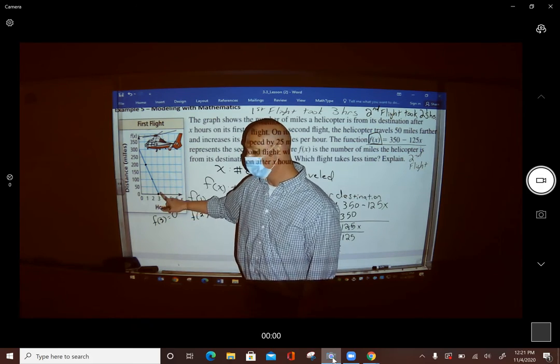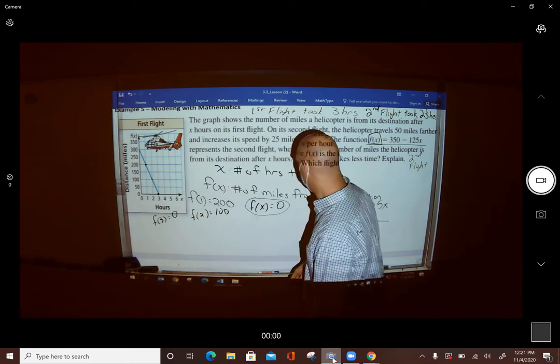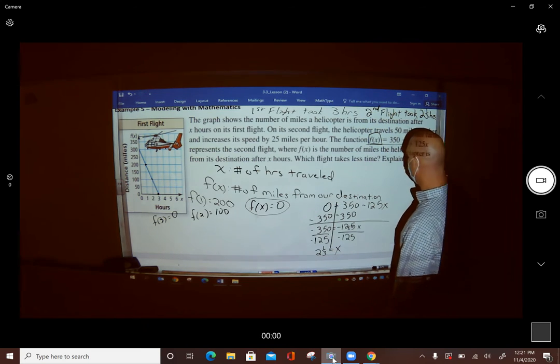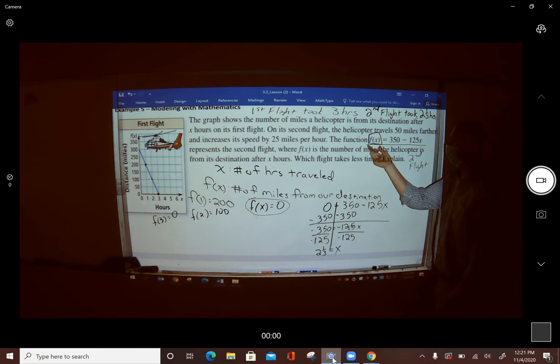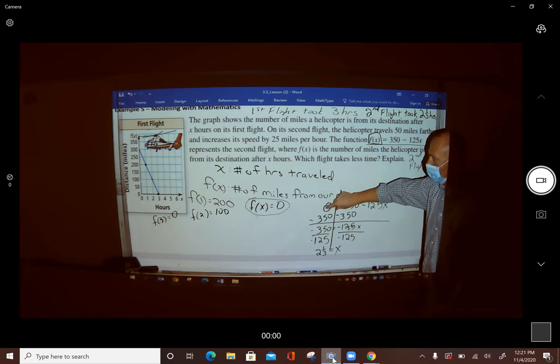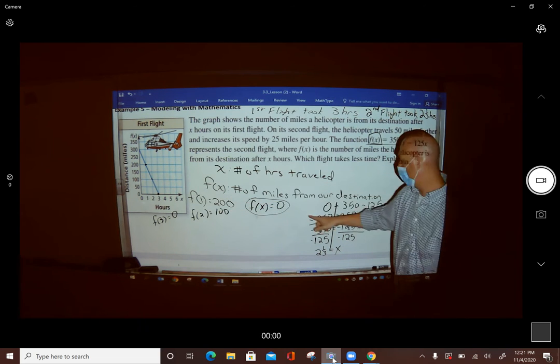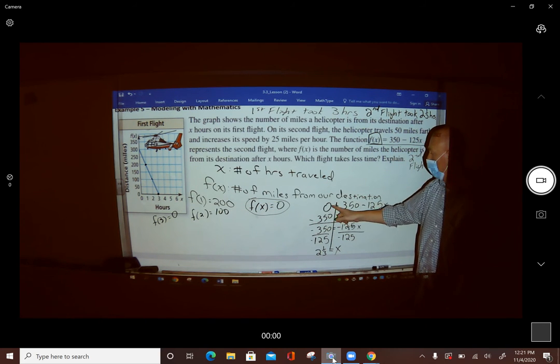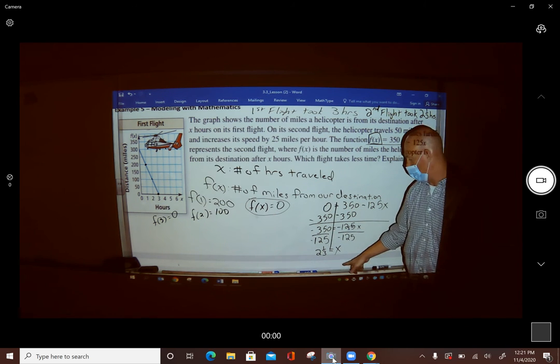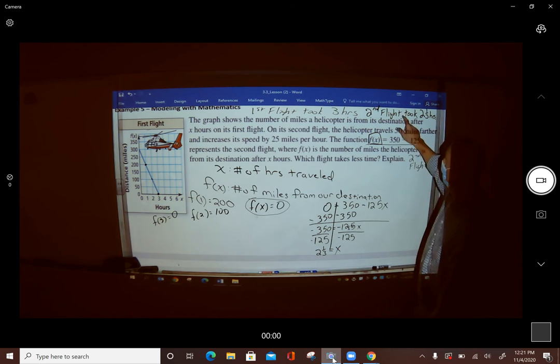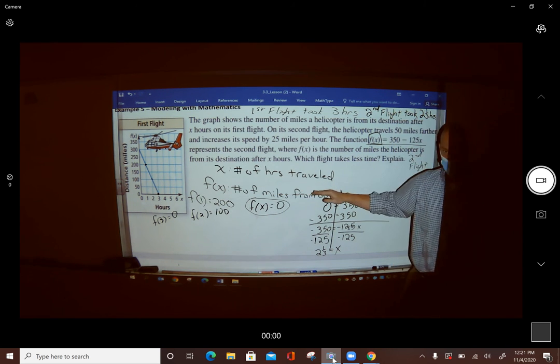At 3 hours, we're 0 miles from our destination. In the equation, you had to substitute f of x with 0, because we wanted to know when it was 0. So 0 equaled 350 minus 125x. Solved it out, 2 1/3 was our x, or our number of hours traveled.